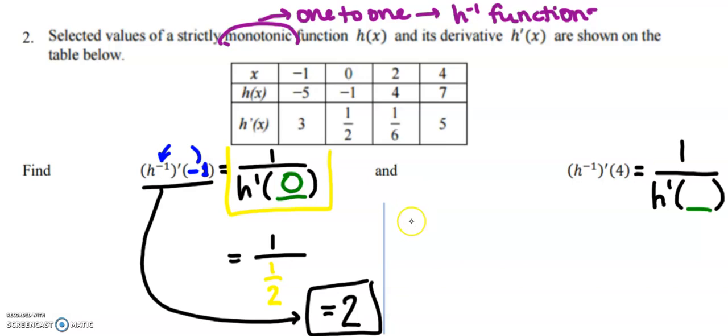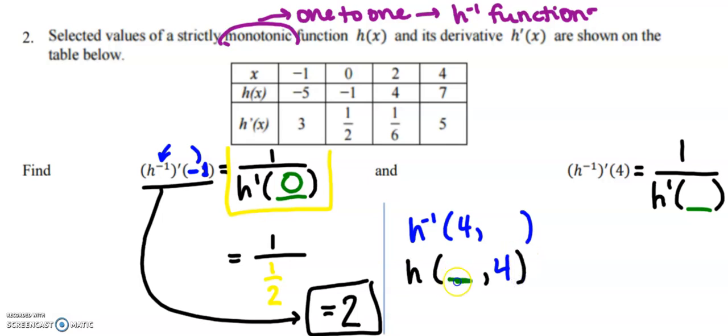We know that h inverse has an input of 4 and an output that's a mystery, which means that h has an input that's a mystery and an output of 4. So I'm looking for this mystery value so that I can work on this fraction up over here. Well, h has an output of 4 when the input was 2.